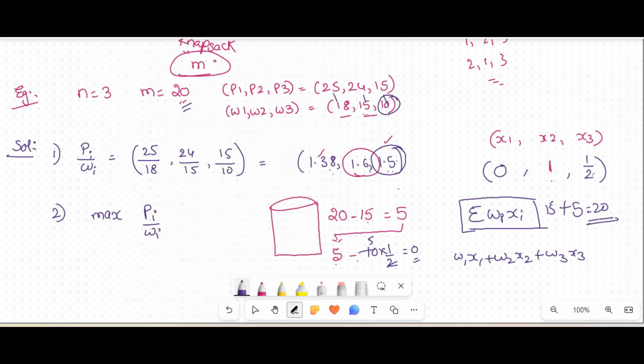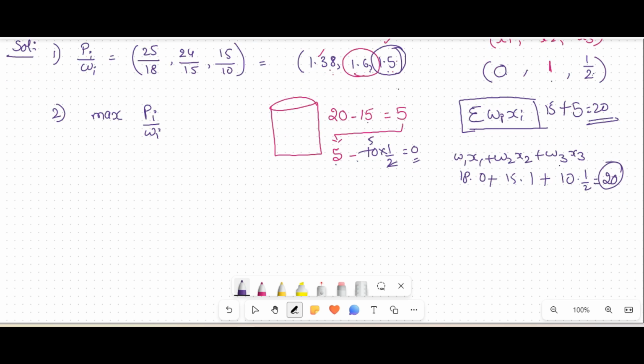It is 18. 18 into what is x1? Here it is 0, plus the weight of the second object 15, what is x2? 1, plus the weight of the third object 10 into what is x3? 1 by 2. 15 plus 5, 20. So sigma wi xi, you got 20.